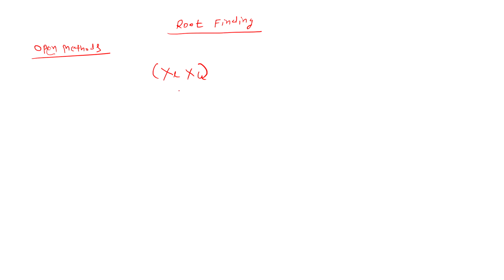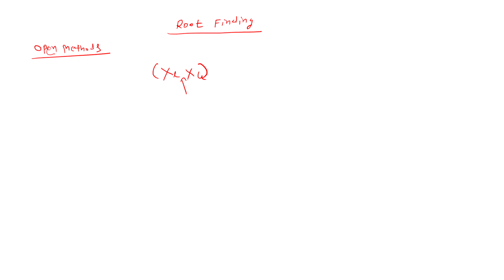The initial guess has to be such that the solution lies between x lower and x upper. So initially the bracketing was required. We could not choose any range of x values. There was a constraint on x lower and x upper.